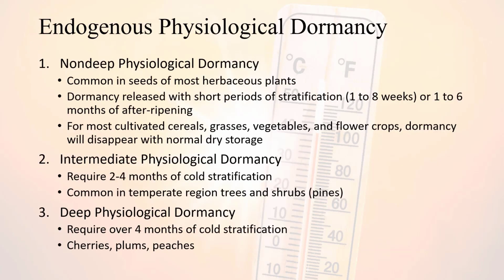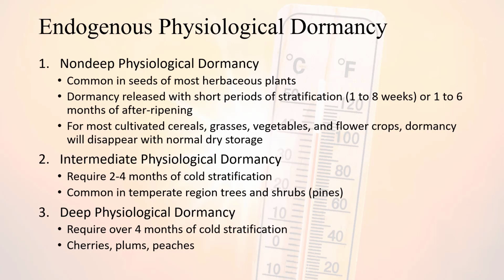Now, like I talked about, this is endogenous dormancy, and the amount of time that you need to keep your seed stratified is going to vary based on the species. We have three categories that seeds can fall into. There are seeds that respond to non-deep physiological dormancy.